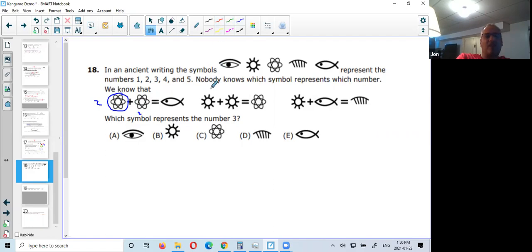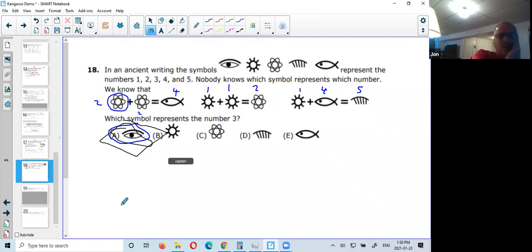So 2 plus 2 is 4. The fish is 4, and the sun is 1. And 1 plus 1 equals 2. So 2 plus the fish equals 5. So the weird thing is 5, and the rest is the eyeball. So I think it's 3. The eyeball is 3. Is that right or no? I think it's right. Yeah, me too. I think it's right also.